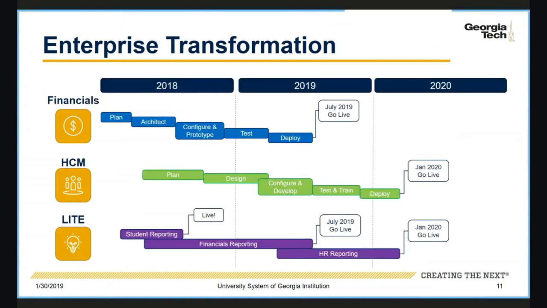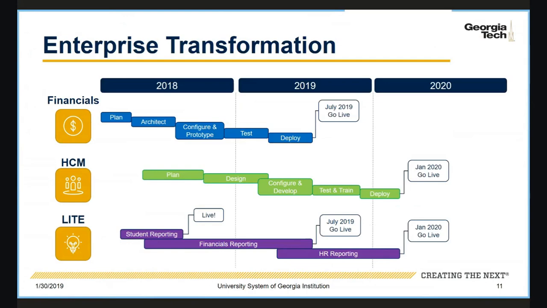This slide gives you an idea of where we are in the project timeline. For financials, we are currently in the test phase. During this phase, a variety of business transactions and integrations are being tested for functionality, integration, and reporting capabilities using this new cloud-based system.